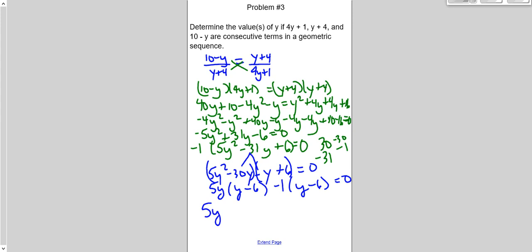And that brings me to 5y minus 1, with that negative 1 out front, y minus 6 equals 0. So 5y minus 1 equals 0, which is going to be 5y equals 1, y equals a fifth. And over here we have y minus 6 equals 0, so y equals 6.